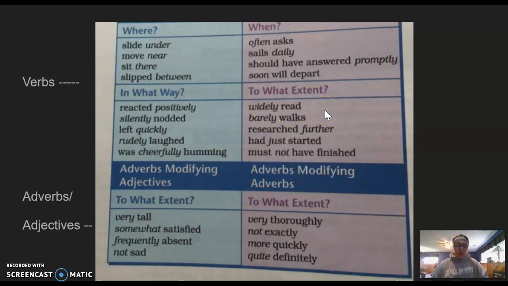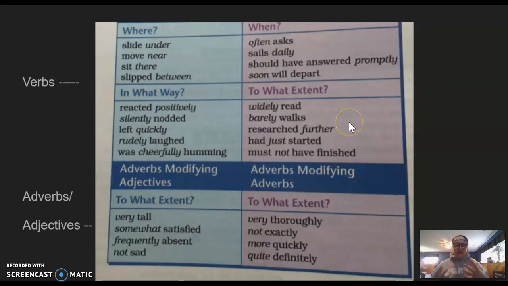We can also talk about to what extent: widely read, barely walks, researched further, had just started, must not have finished. This is talking about how far or how not far we are going with something. It's very hard to describe. Is it going to be very widely reading, or very specifically reading? Is it going to be barely walking, or mostly walking? We're comparing in terms of how far we're going with something.